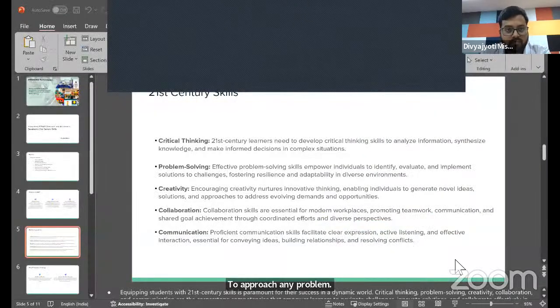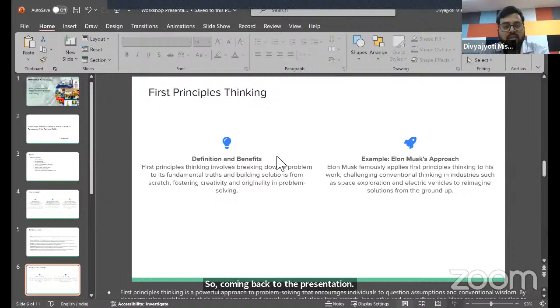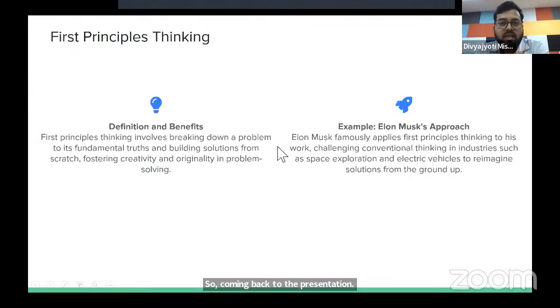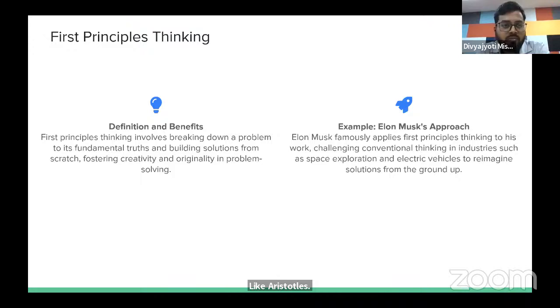So coming back to the presentation, this is a principle that basically is being used by most of the prominent thinkers. Aristotle developed this strategy of thinking at a very root level.